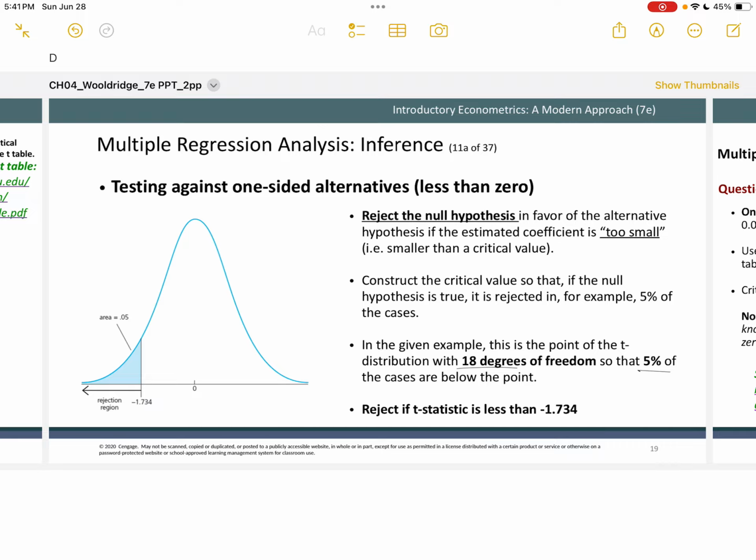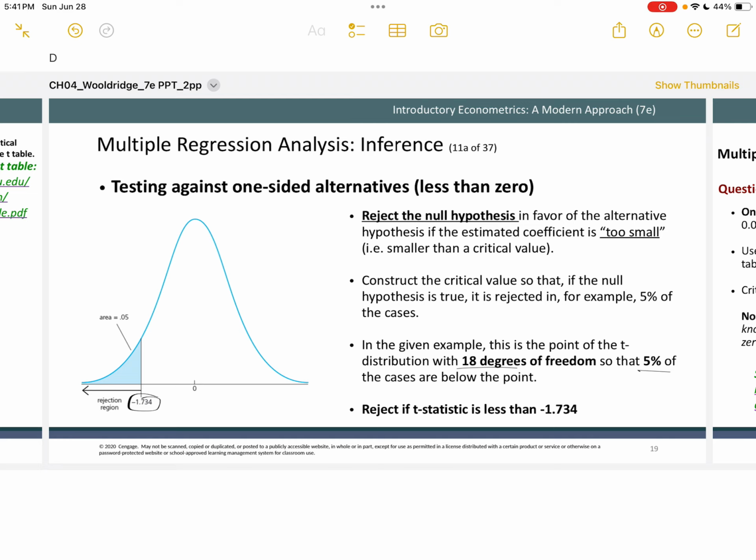With degrees of freedom 18 and a 5% significance level, your critical value is going to be negative 1.734. Negative, yeah, because this is the other side.